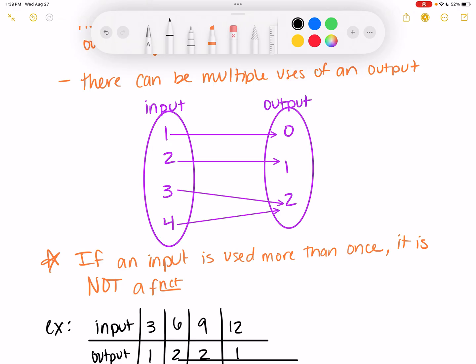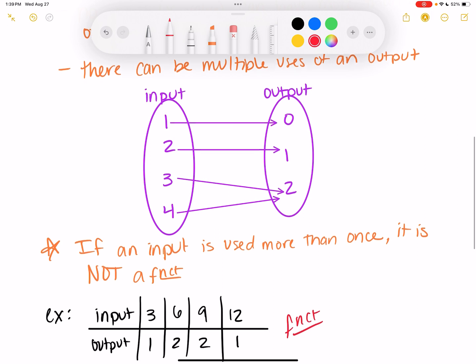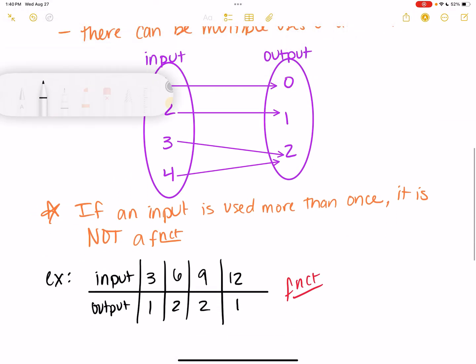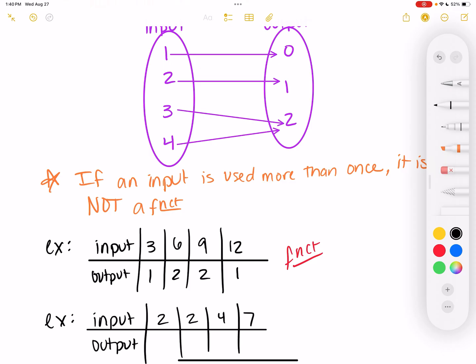No, so this would be a function. What about if I had in my table 2, 2, 4, 7, and then 0, 1, 2, 3.